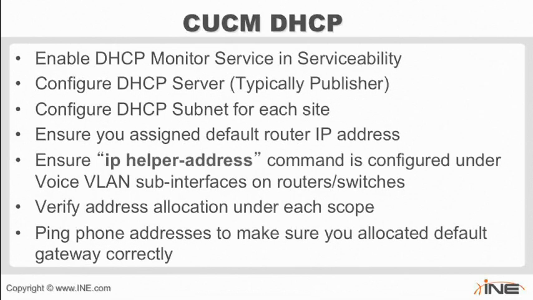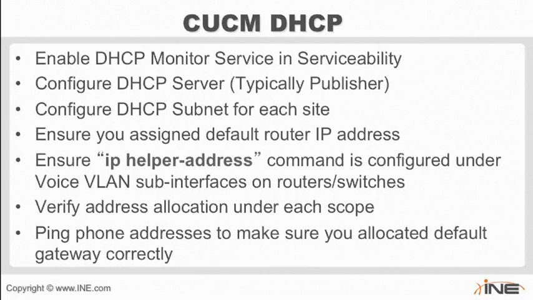It can't be a unicast, because a unicast packet has both source and destination IP address. I can't have a source IP address if I'm a phone that doesn't have an IP address yet, right? I'm looking to get one. That's what DHCP is for. So my source is essentially blank. I've got a broadcast packet, and I need to turn that broadcast into a unicast. That's the router's job with the IP helper address.